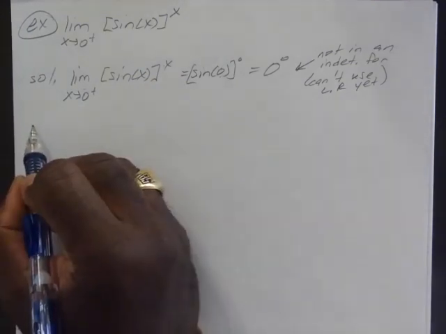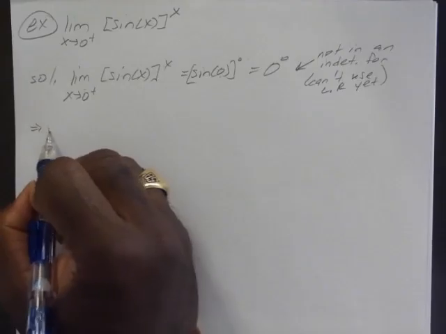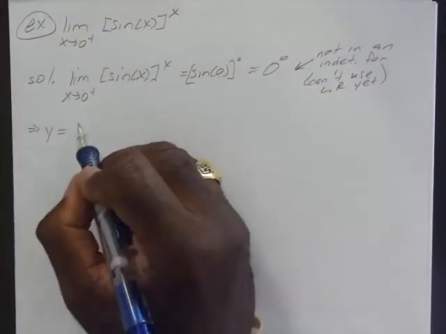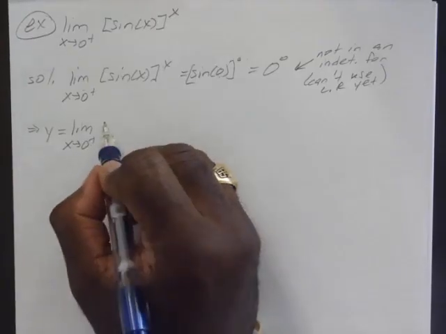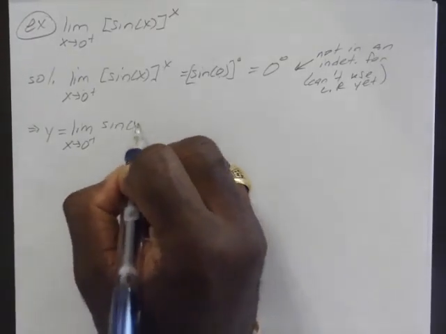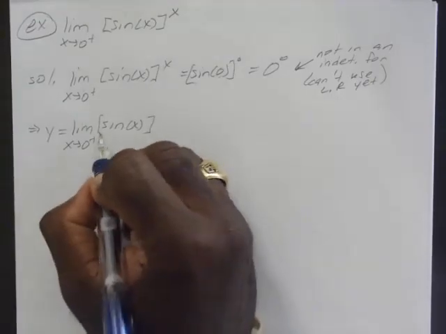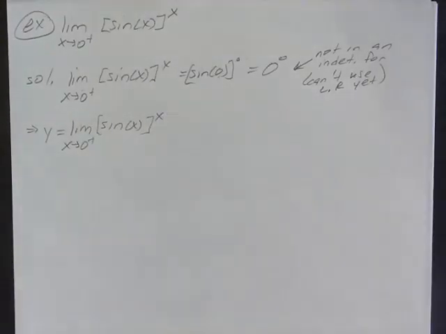So we can rewrite this as y is equal to the limit as x approaches 0 from the right of sine of x to the power of x.